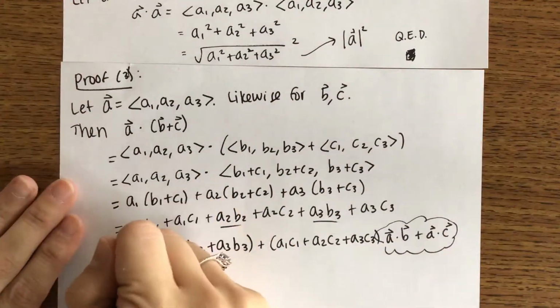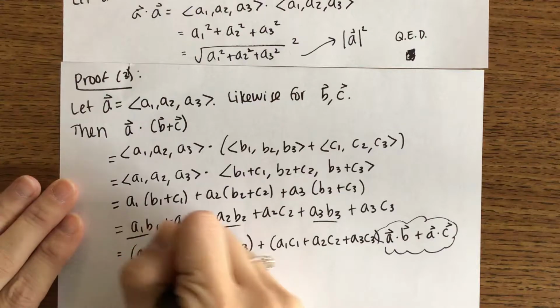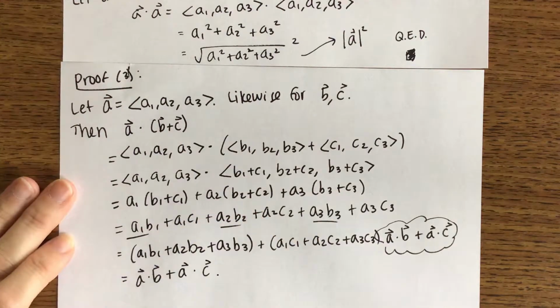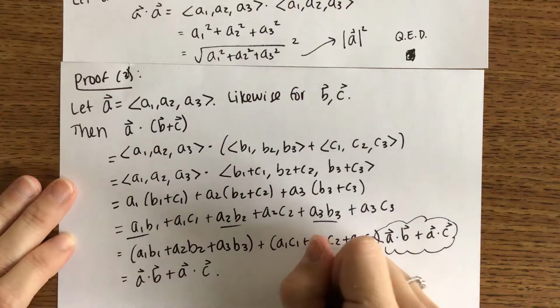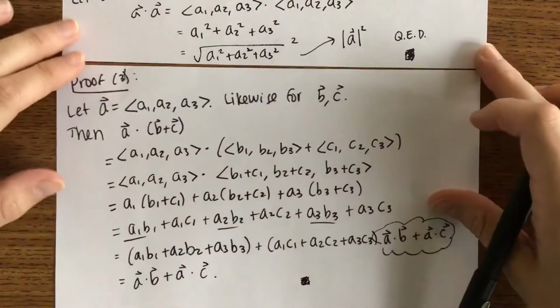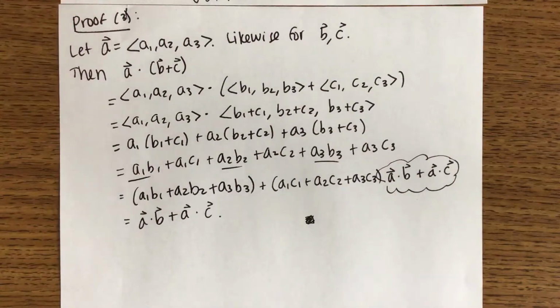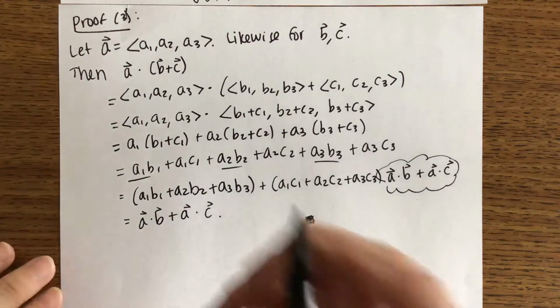And now we can say that this is the expression of A dot B add A dot C. So that wasn't too bad, right? It's just a bunch of algebra, moving stuff around. Okay.